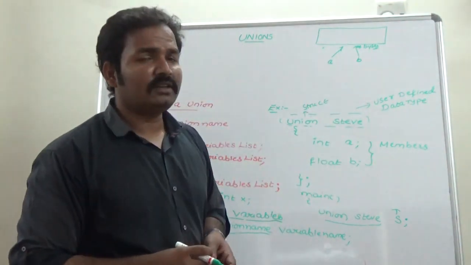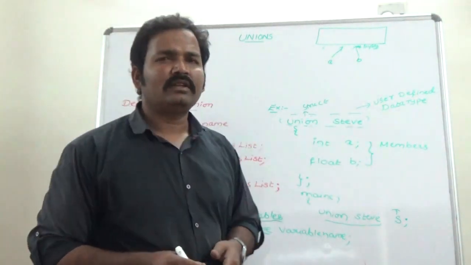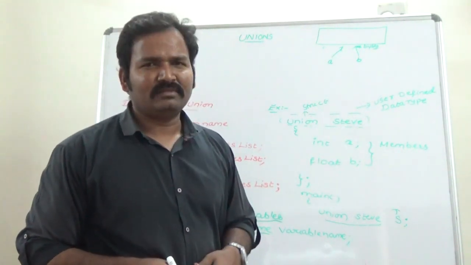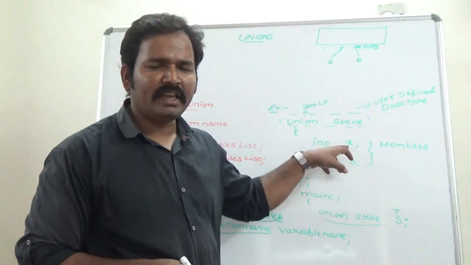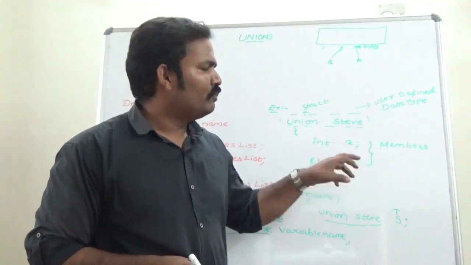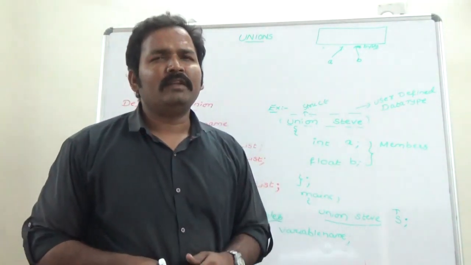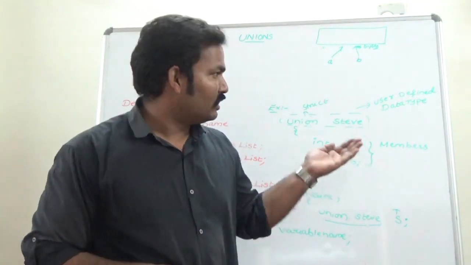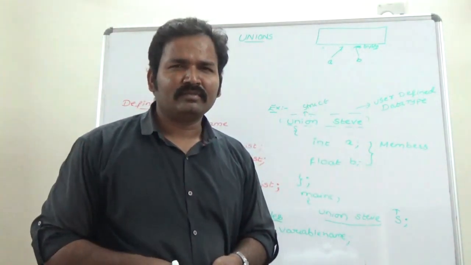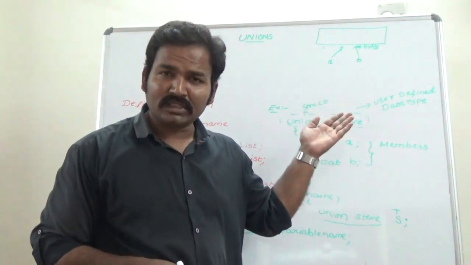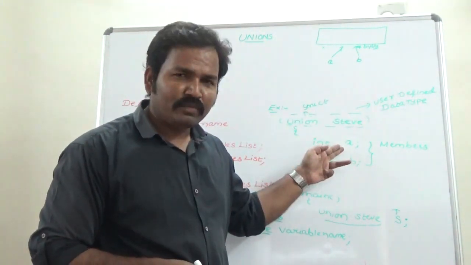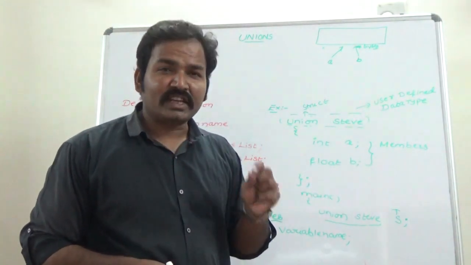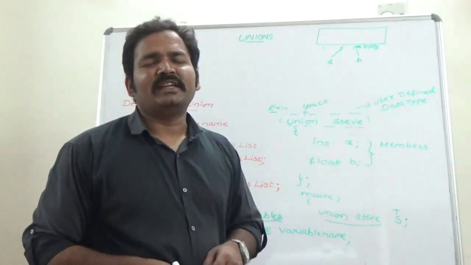How much memory will be allocated for these structure member variables? 6 bytes, because 2 bytes of memory are allocated for the A member variable and 4 bytes for the B member variable, because in a structure individual memory is allocated.